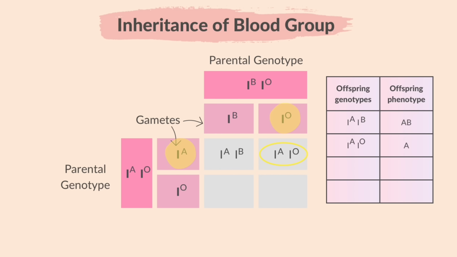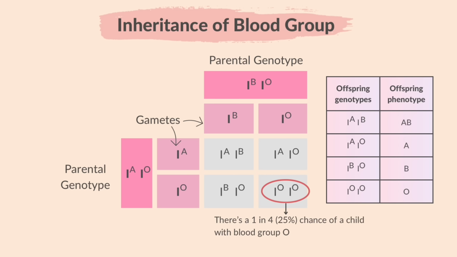Here we will have IAIO, which is blood group A. Here we will have IBIO, which is blood group B. And here we will have IOIO, which is an offspring with the blood group O. So as you can see, there's a 1 in 4 or 25% chance of a child with blood group O. There's also a 25% chance of producing a child with blood group AB, a 25% chance of producing a child with blood group A, and a 25% chance of producing a child with blood group B.